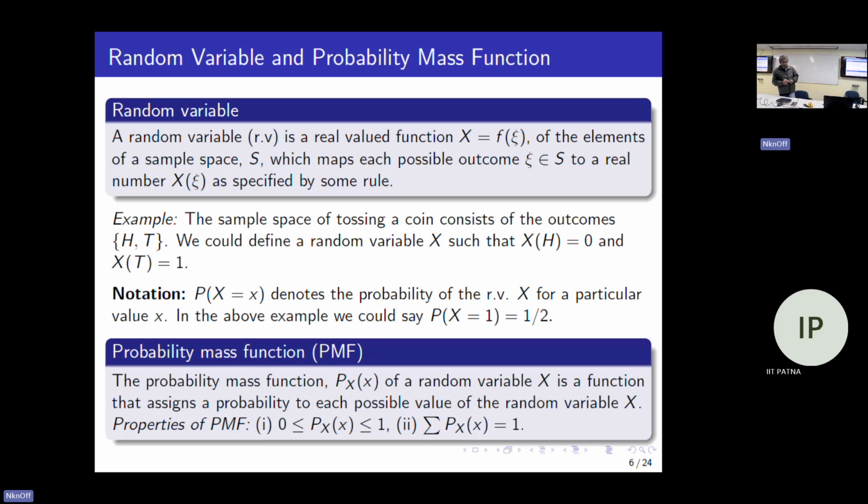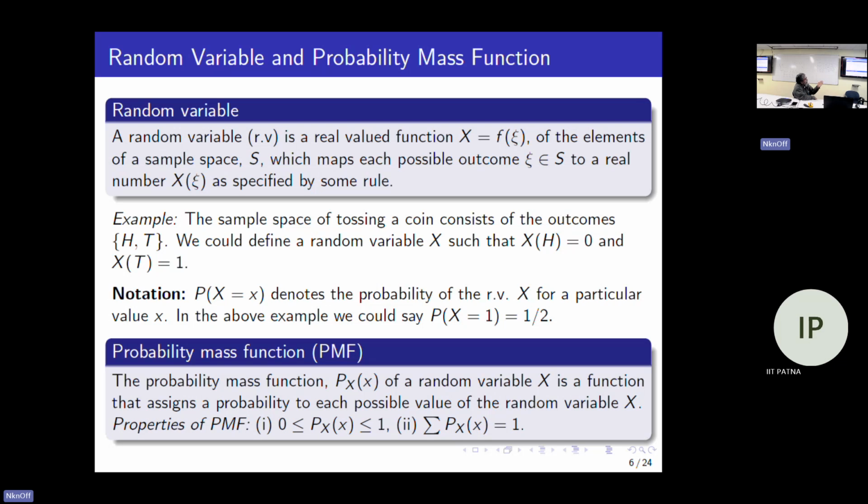A few important notations: the probability P_X of x should be between 0 and 1, and the sum of all weights should be 1. So the sum of P_X of x equals 1. Later we'll see during estimation how we generate this probability mass function. Estimation is the finding of the probability mass function.